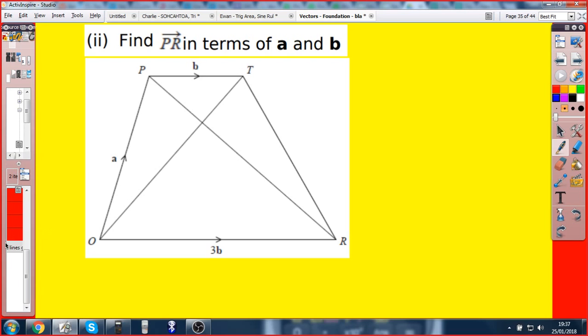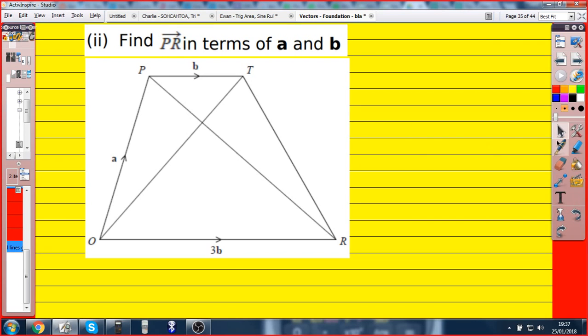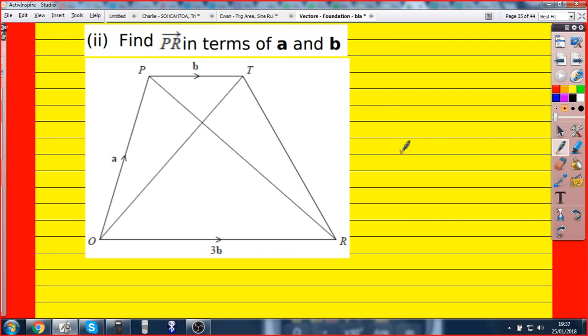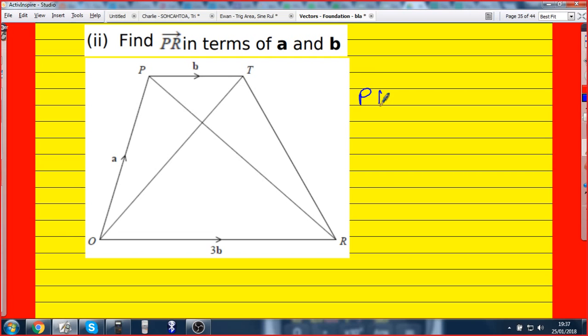Now we have to find PR. P to R, so P to T, then T to O. No. Hang on, if we have to go from P to R, we have to go along.